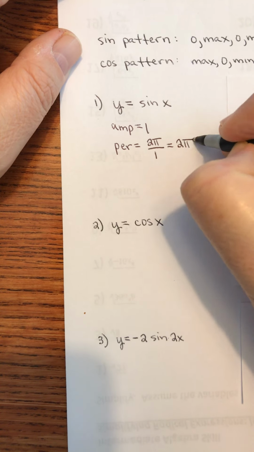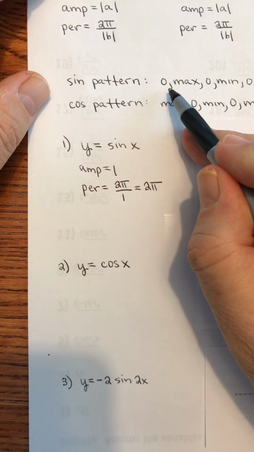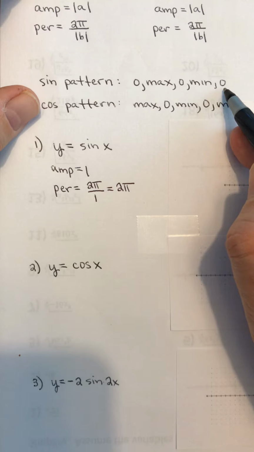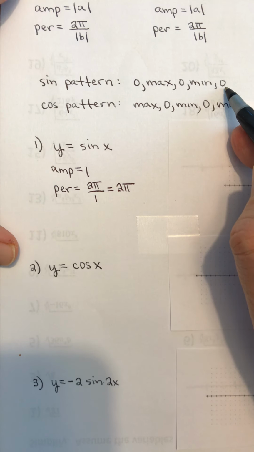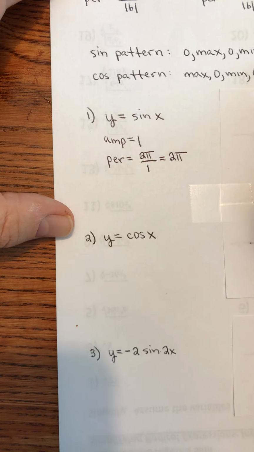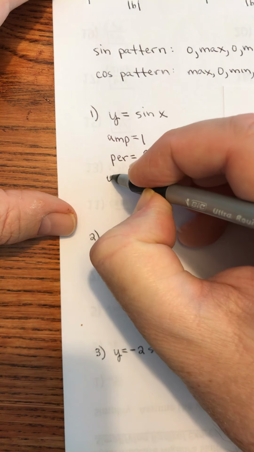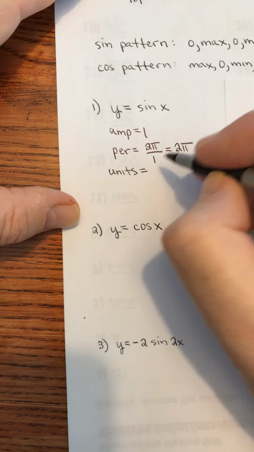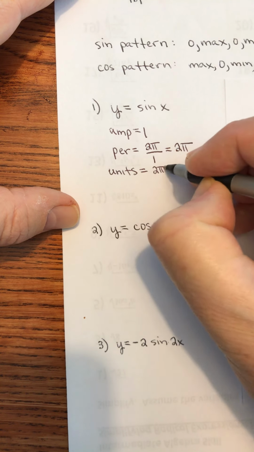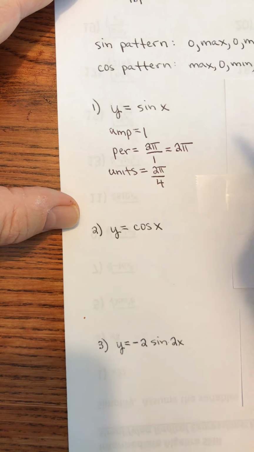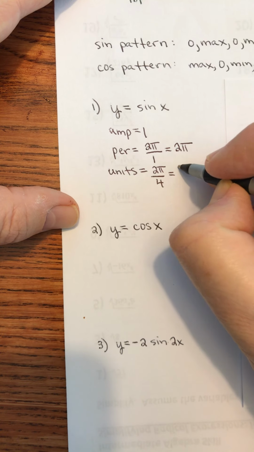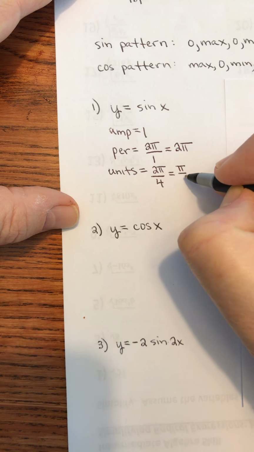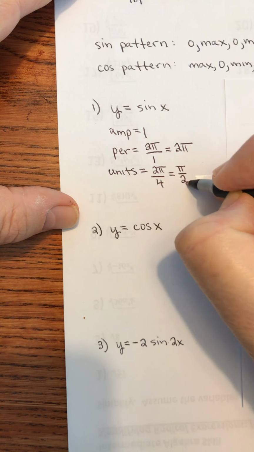So that's 2 pi, which means this last one here will be at 2 pi. But then the next thing I want to do is find the units that I'm going to put on my graph. All I do is take the period and divide by 4. So my units on my graph are going to be pi over 2.